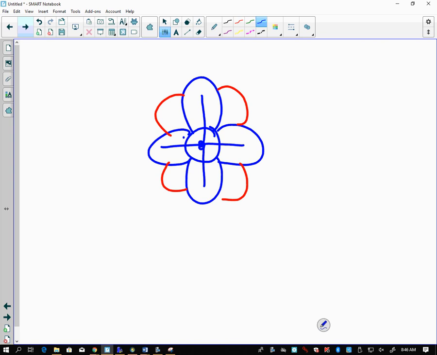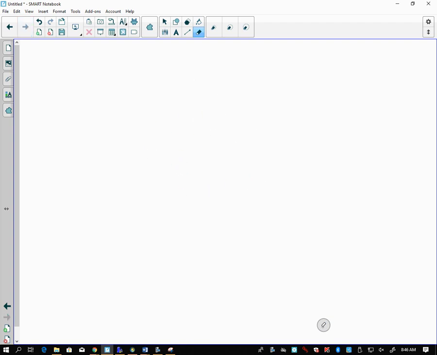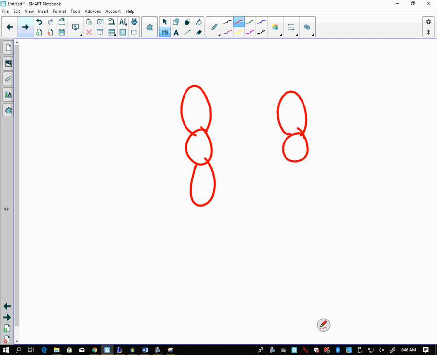It does that every 90 degrees. So, like, let's say we had something like this. What is the rotational symmetry of that? 180 degrees. Okay. What is the rotational symmetry of this?